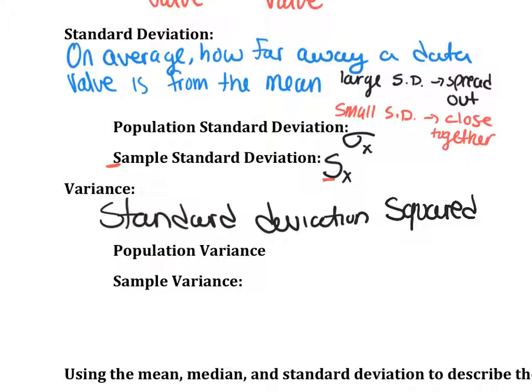So population variance is just the population standard deviation squared. And the sample variance is the sample standard deviation squared. So if you were given variance and you needed to find standard deviation, take the square root. So you can just go back and forth between the two.